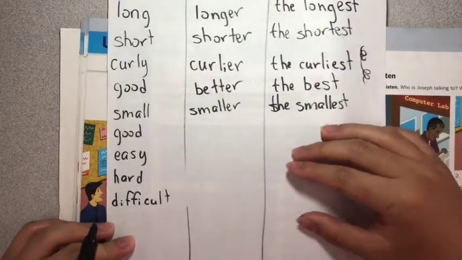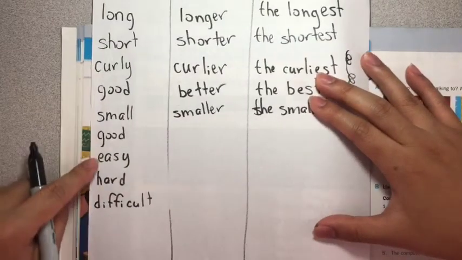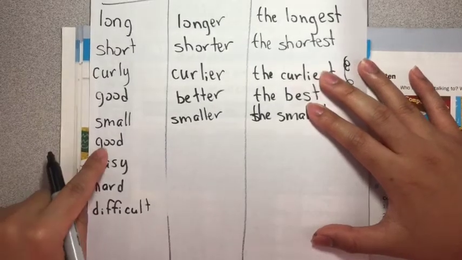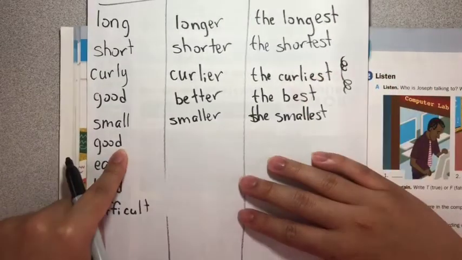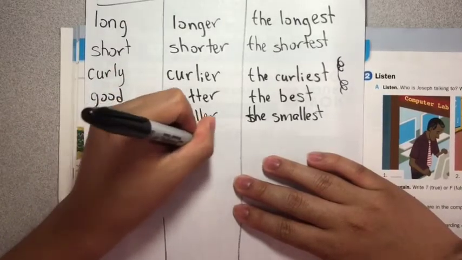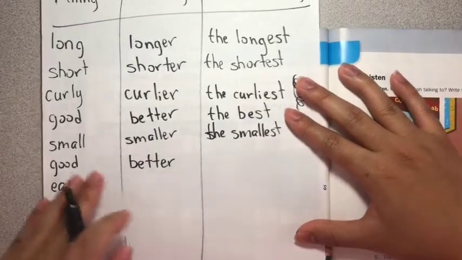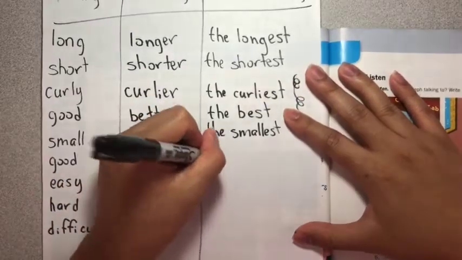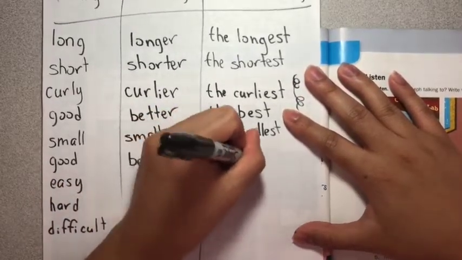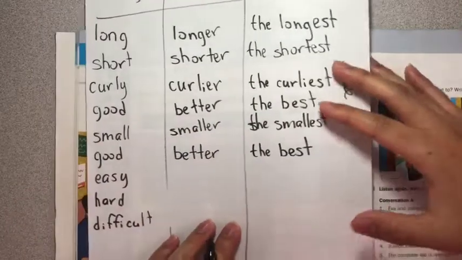They mean the same thing. Okay, so when we're talking about one thing, we have good, easy, hard, and difficult. When we're talking about two things, good is better. When we're talking about three things, good is the best. We have good, better, and the best.